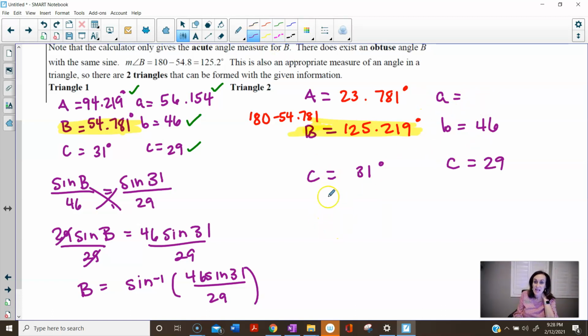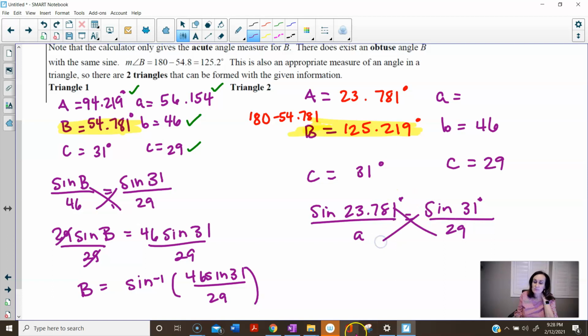So now you can figure out what side A is, and how you would do that is you would do the sine of angle A, which is 23.781, over side A is equal to, and then you can pick either one of these. I'm just going to do the C's, the sine of 31 over 29. And then you would just cross multiply.